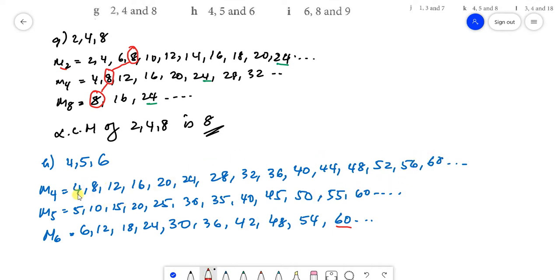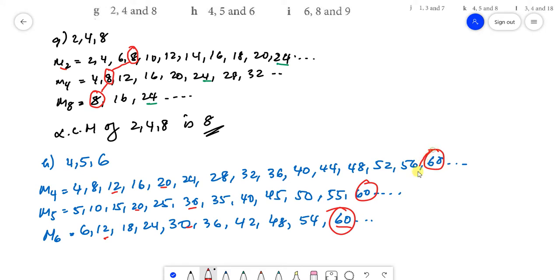You can check, we don't have 4 here, 8, 12. Yes, we have 12 here and here, but for the multiplication table of 5, no, 12 is not a multiple of 5. Similarly we have 20 here, but we don't have 20 there. We have 30 here, but we don't have 30 there. So you just have to cross check all the numbers and you can find 60, 60 and 60.